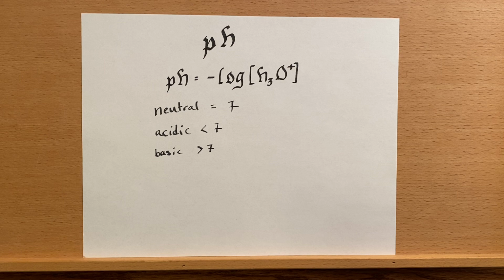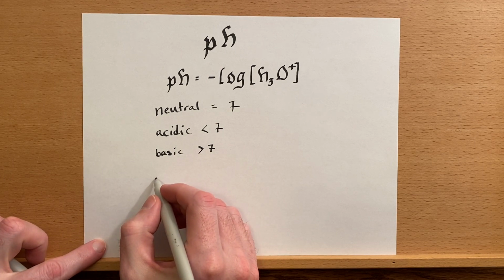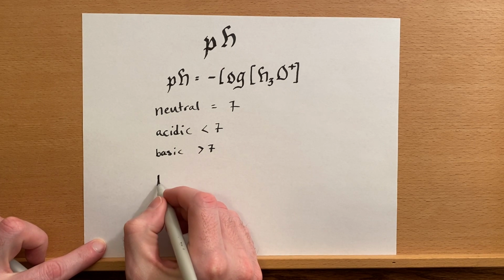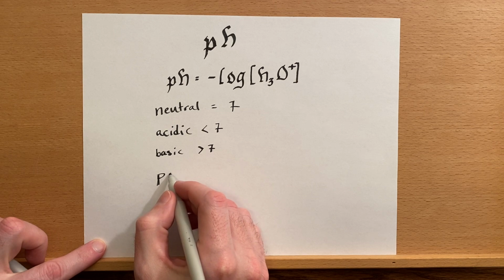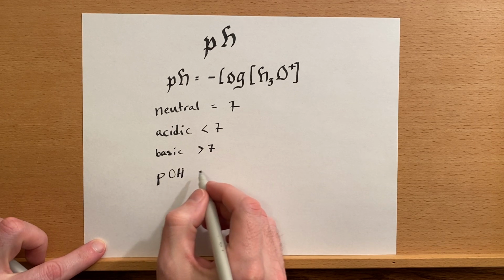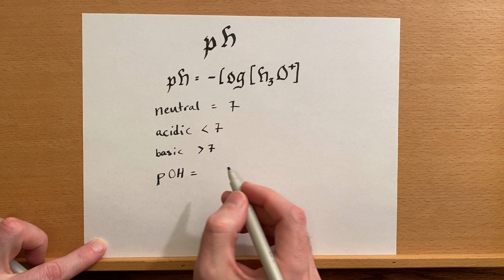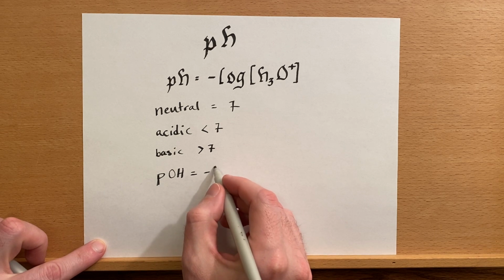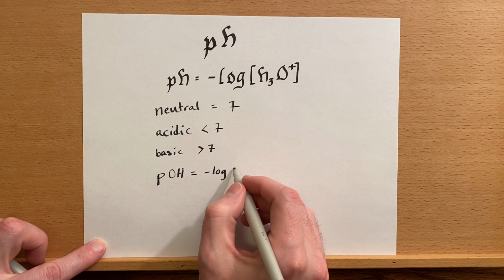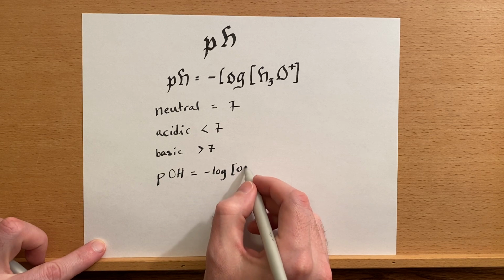Now, pH is not the only P calculation that you can do. There's also pOH, which is very similar to pH. pOH is, if you can take a guess, the negative log of the hydroxide ion concentration.